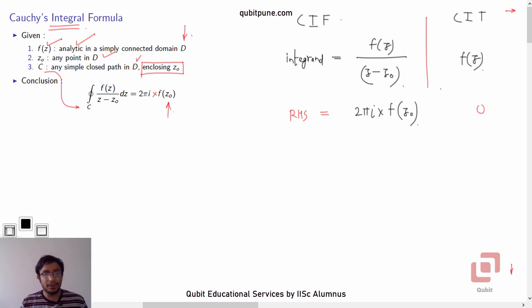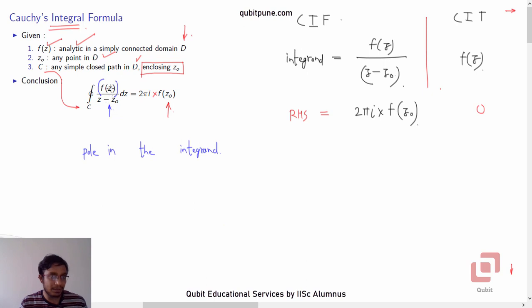Again, let me remind you that only the numerator here is analytic. By considering z minus z naught in the denominator, we are deliberately introducing a pole in the integrand. Pole means a point where the function is not defined.